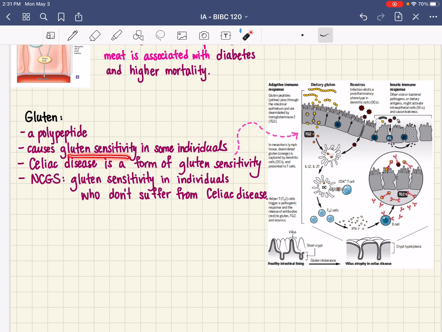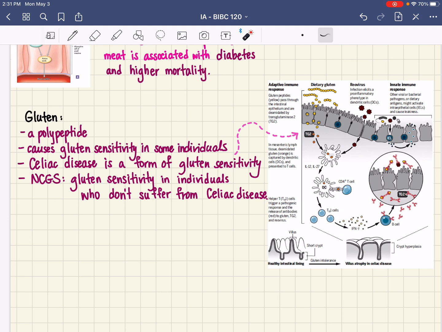Gluten sensitivity is present in some individuals, and celiac disease is a form of gluten sensitivity where your gut is taking gluten into your bloodstream and your system, and your immune cells attack the gluten because they think it's an invasion of some harmful microbe or harmful foreign body.